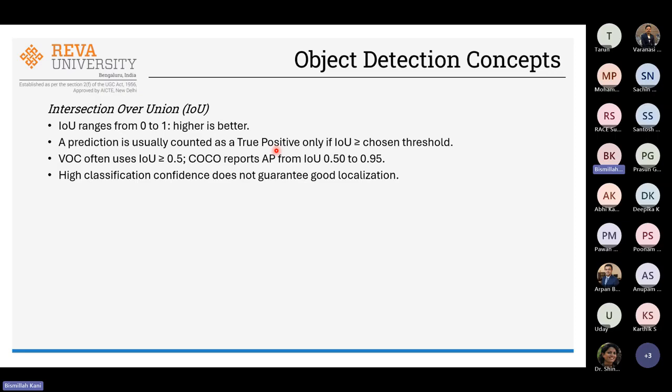You know the ground truth, and then you get the model predictions. If they match, then it's a true positive. If they don't match, then it becomes a false negative or false positive. But that is a very simple comparison. How do you determine a true positive in object detection?